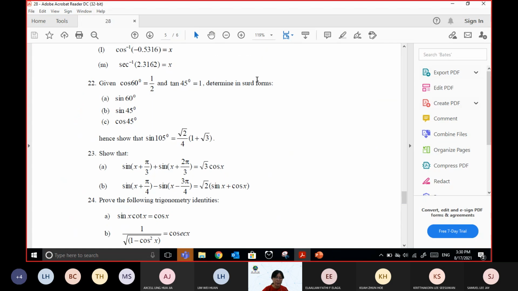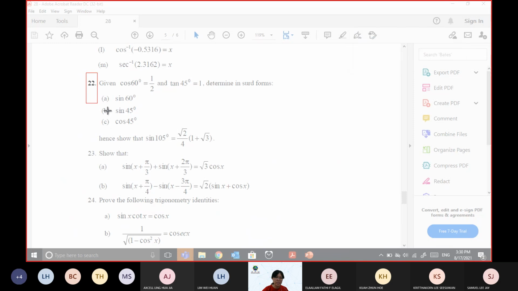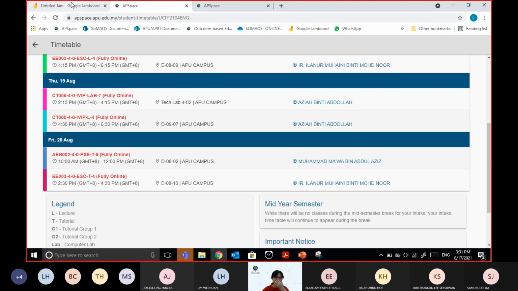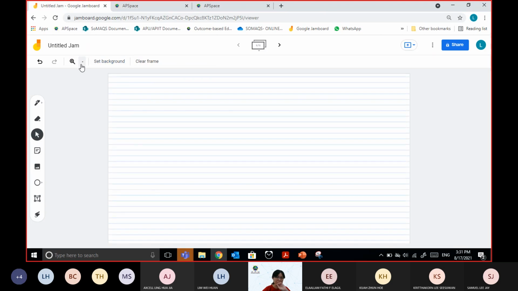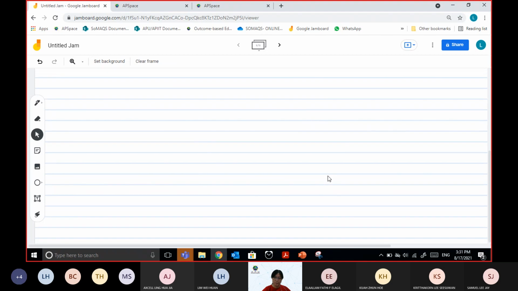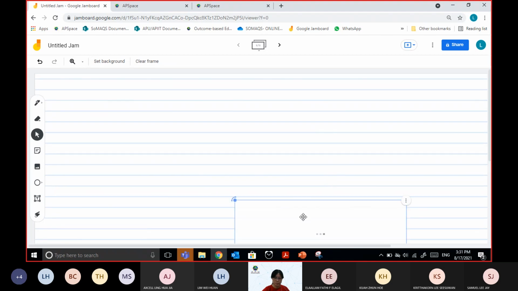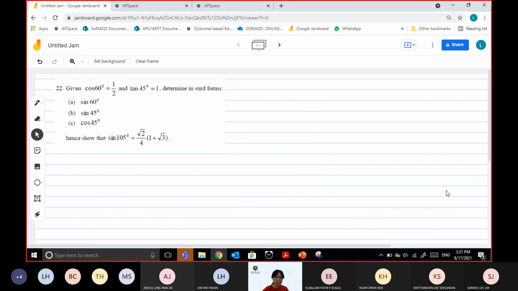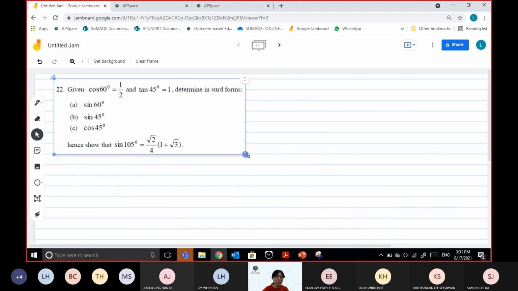So now, let me copy these questions to the Jamboard. We start with question 22 first. This one asks to show that sine 105 is equal to this.